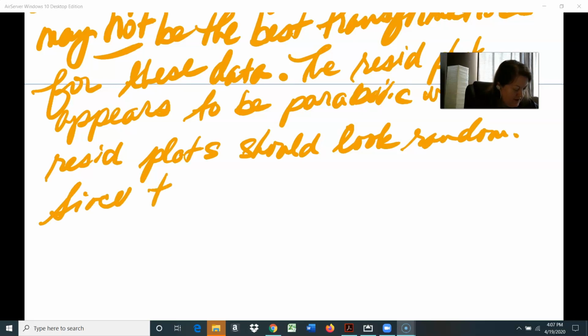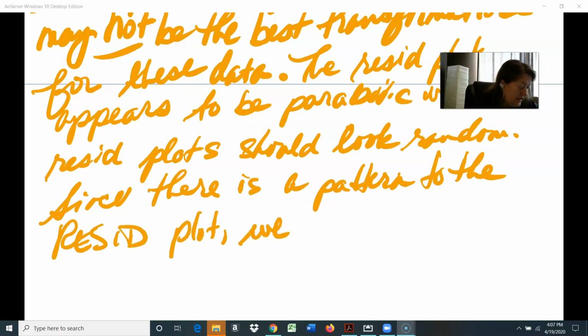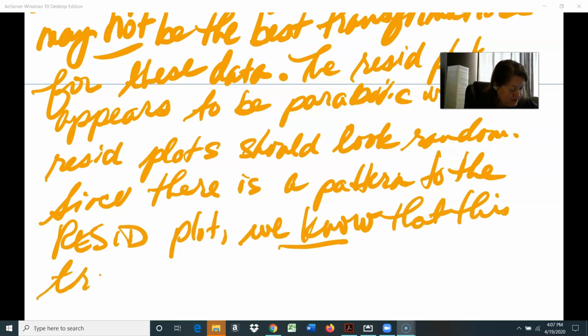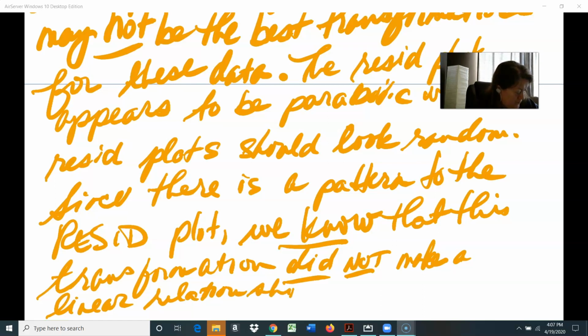Since there is a pattern to the resids, we know that this transformation did not make a linear relationship with the transformed variables.